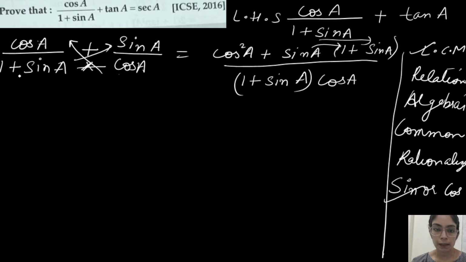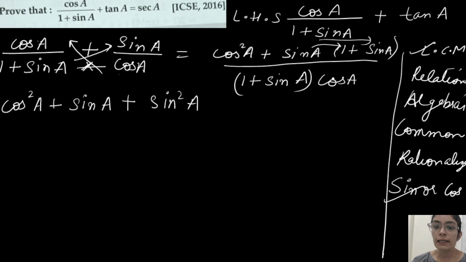So cos square A as it is, plus sine A into 1 is sine A, plus sine A into sine A is sine square A.